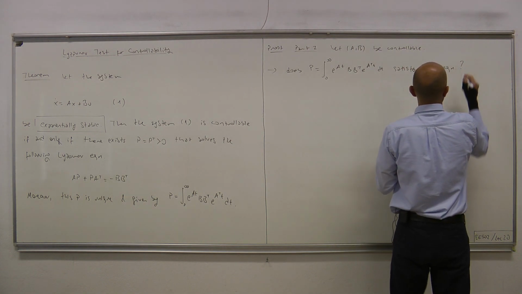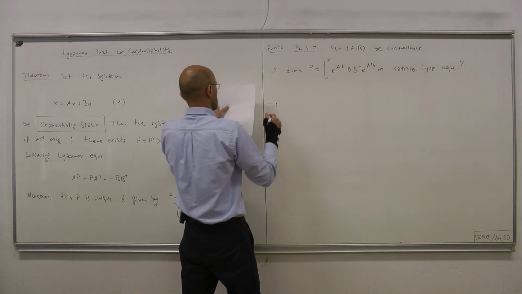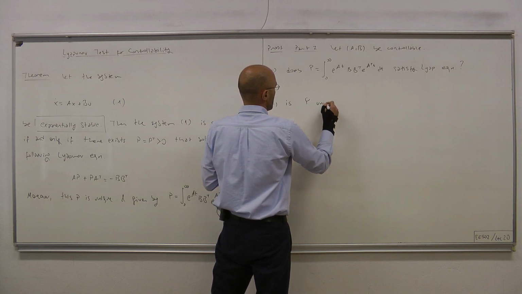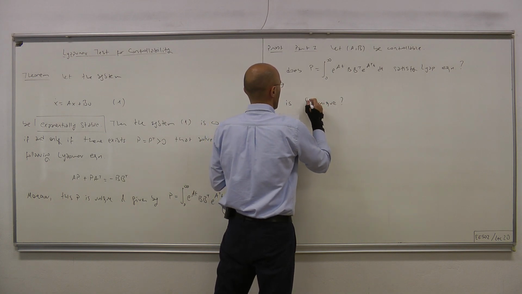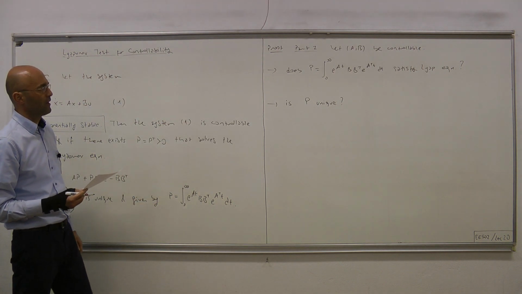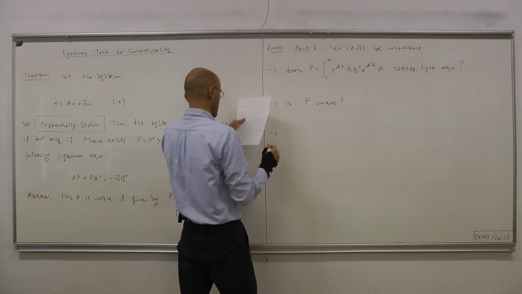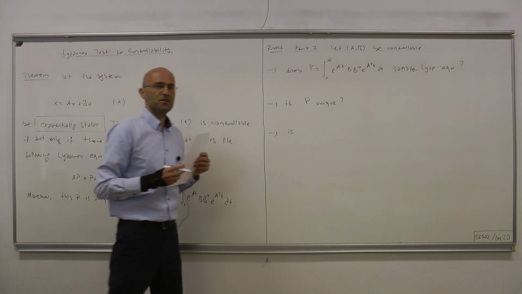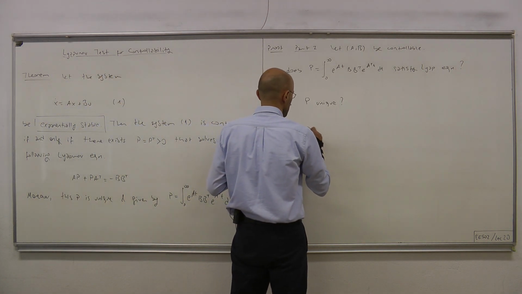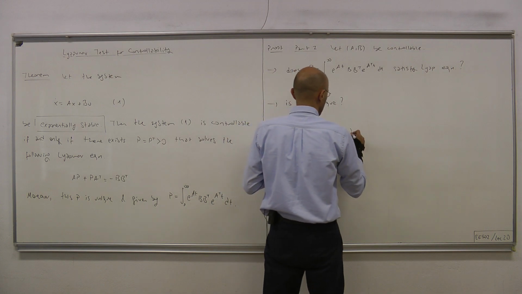We have to prove this. We also have to show that P is unique. Those are among the claims of our theorem. And then we have to show also that P is positive definite.